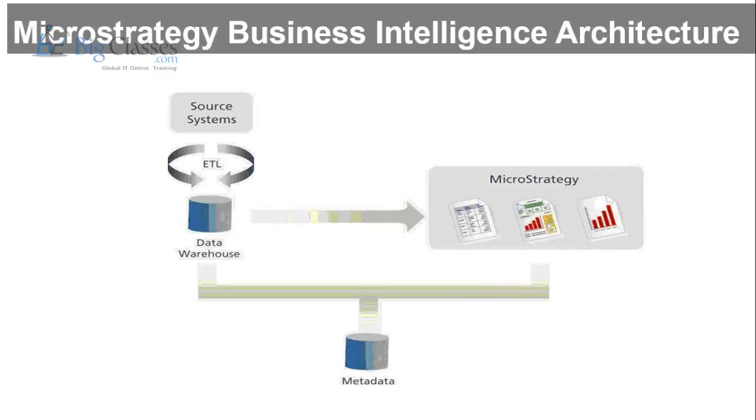The name is extract, transform, and load. It will fetch the data from the source system, perform the required transformations or pre-aggregations, and load it into the warehouse. So the first step the ETL tool performs is to extract.